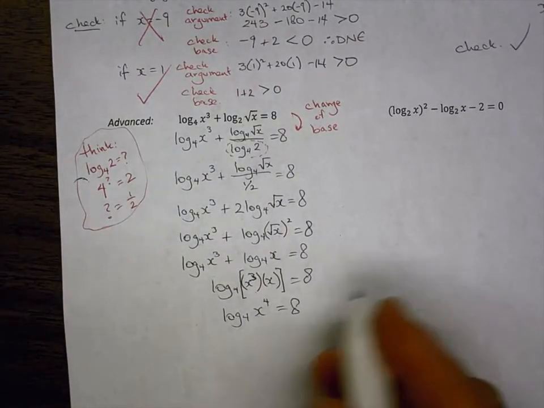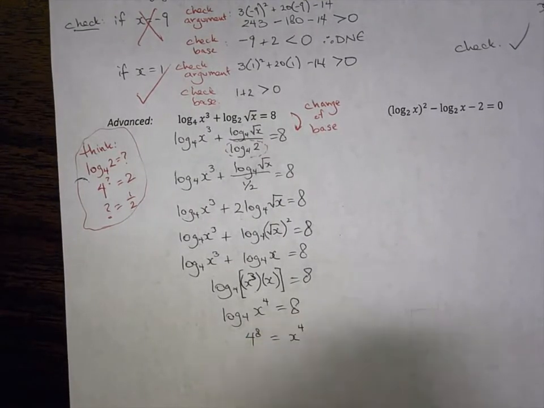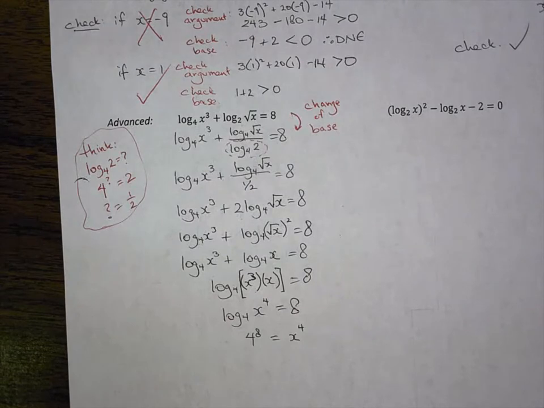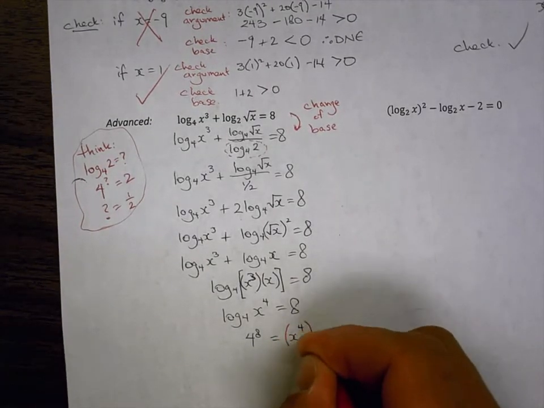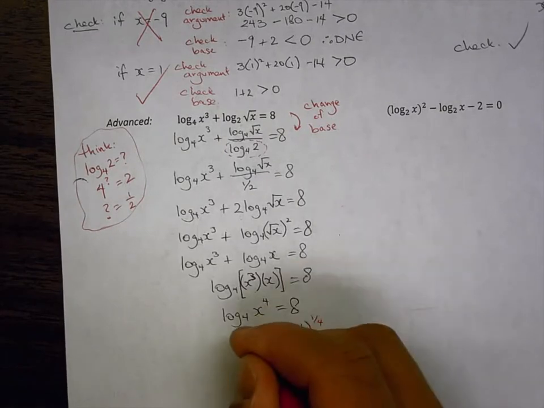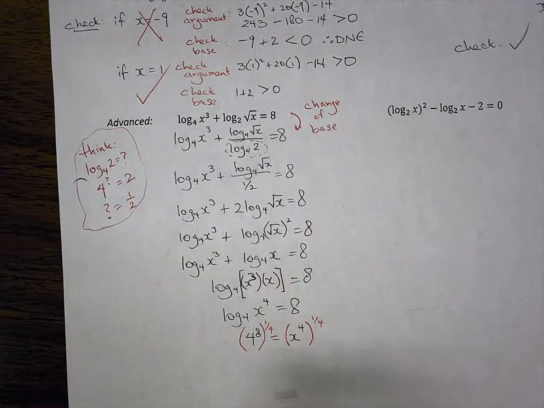Now I rewrite as an equation: 4 to the power of 8 is equal to x to the power of 4. How do I get rid of the power of 4? Well, if you remember from grade 10, you can raise this to the 4th, you can raise this to the 4th. What you do to one side, you do to the other.